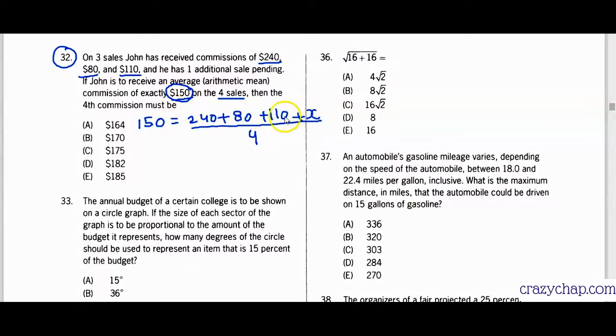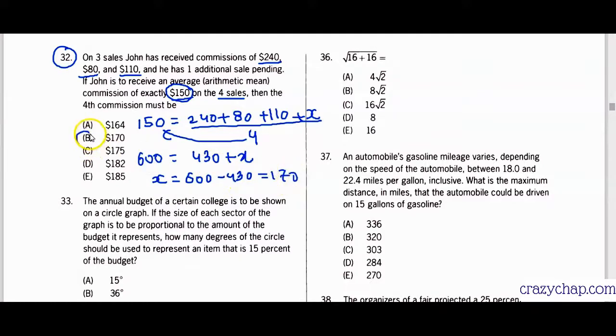So we'll have to solve for X. Multiplying by 4 on this side, 600 equals 240 plus 80 plus 110, which is 430, plus X. So X equals 600 minus 430, which is 170. Option B is the correct answer, right?